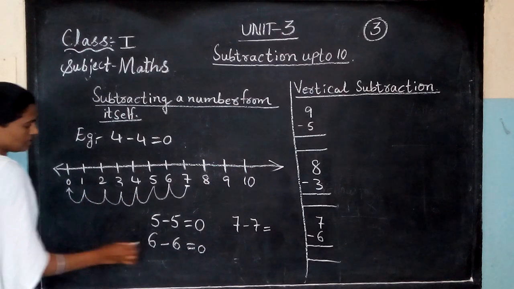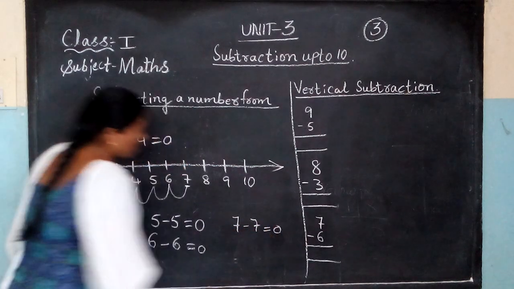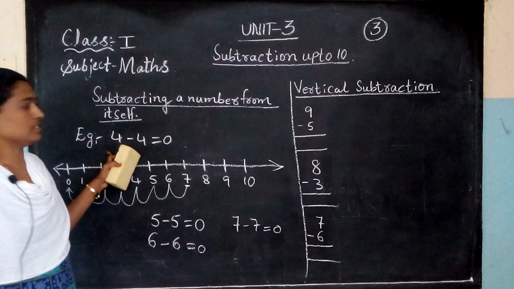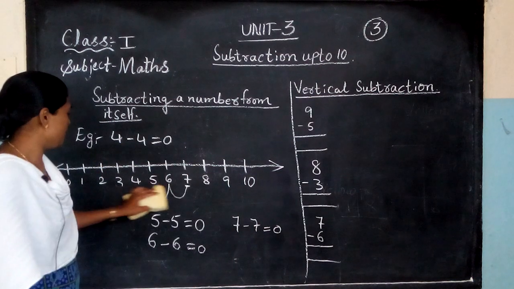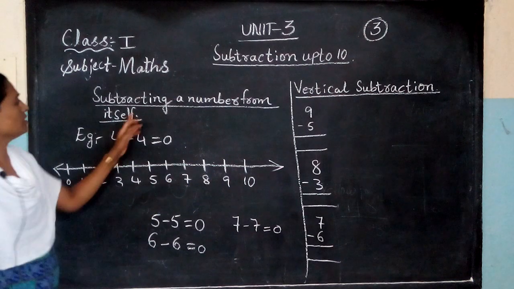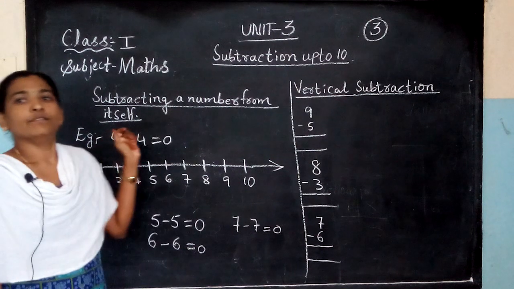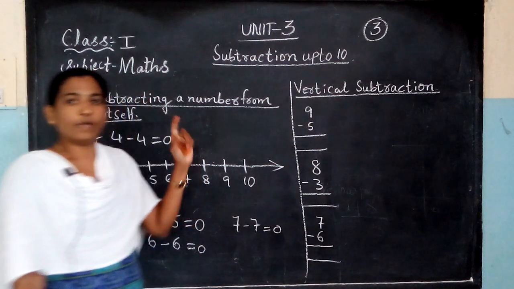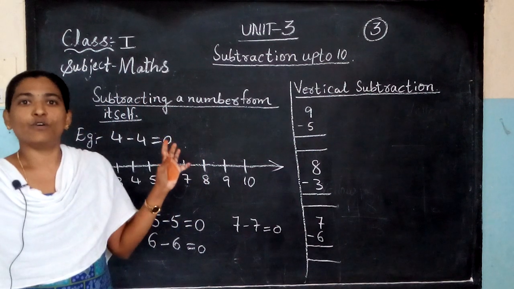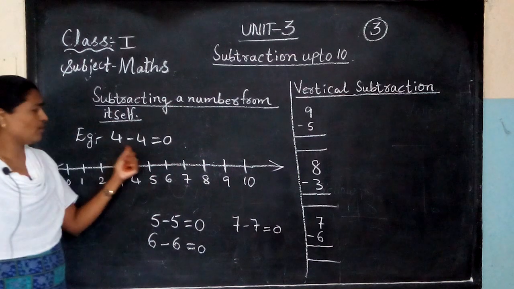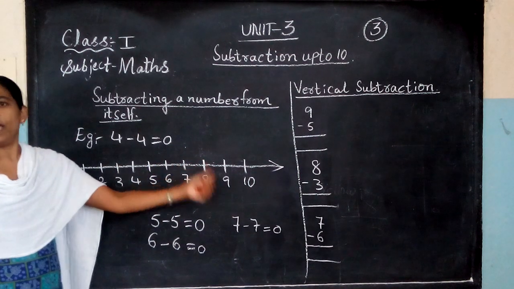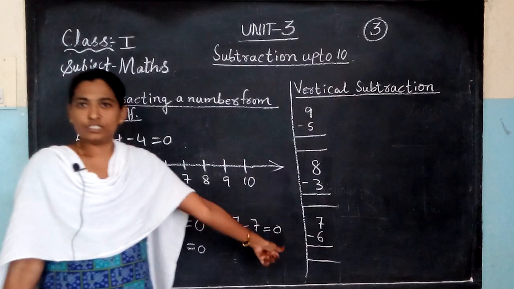What did you get? 0. I think you understood this. When you subtract a number from itself, you will get 0 only. For example, 4 minus 4 is 0, and 7 minus 7 is also 0.